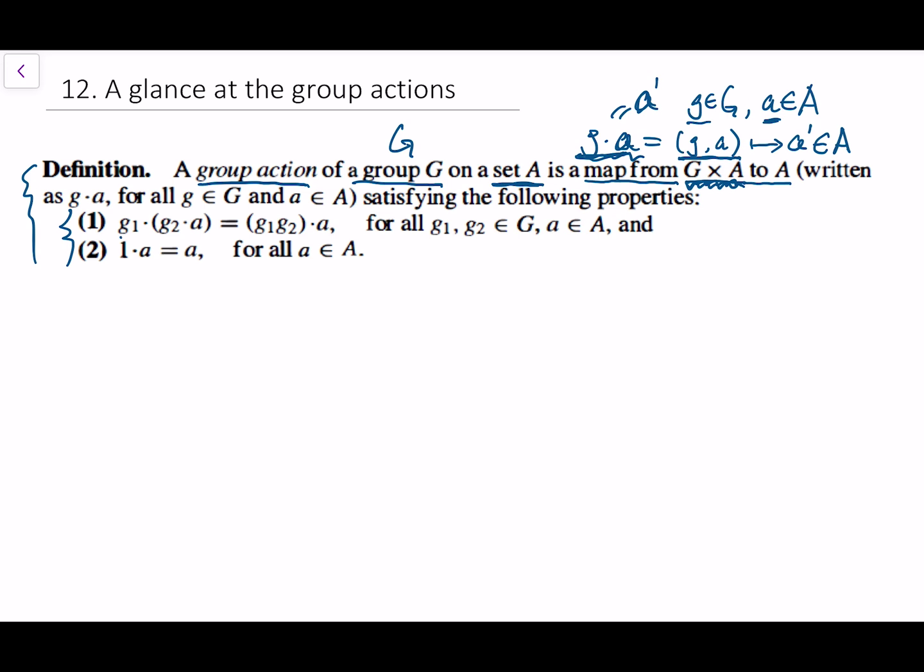For the first property, if we use the group element g2 to act on one element a in the set A, and then we use g1 to act on the result of the first action, it is equal to doing g1 times g2, which may not be a product or multiplication but the group operation between g1 and g2.